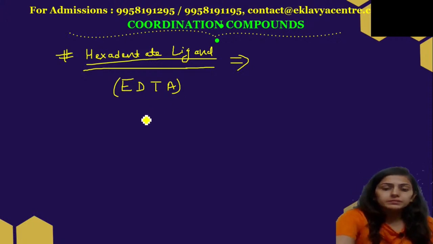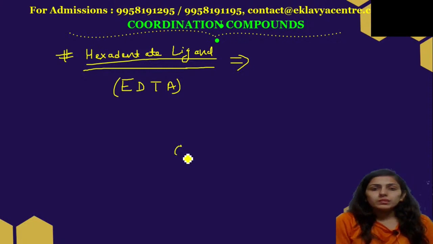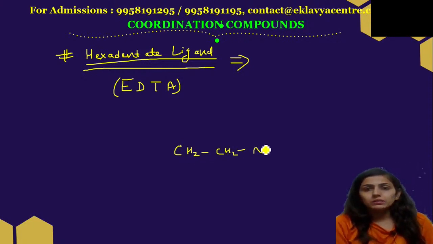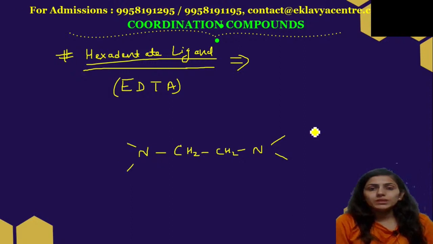What happens here? Just like this, CH2, CH2, N and N. Instead of NH2, we have 4 acetate groups. What are acetate?